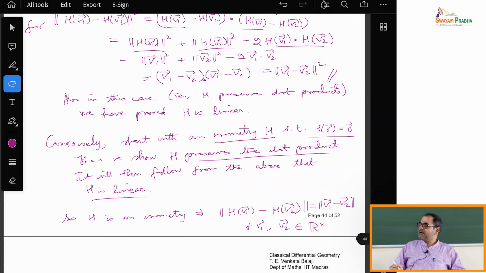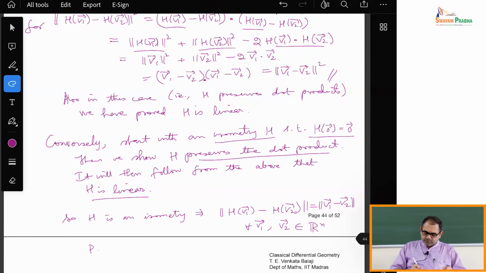Okay, and see, the moment you have this, what you can do is that you can put V1 equal to V and put V2 equal to 0. Okay, and then use the fact that H takes 0 to 0, and you will get immediately that H preserves norms.